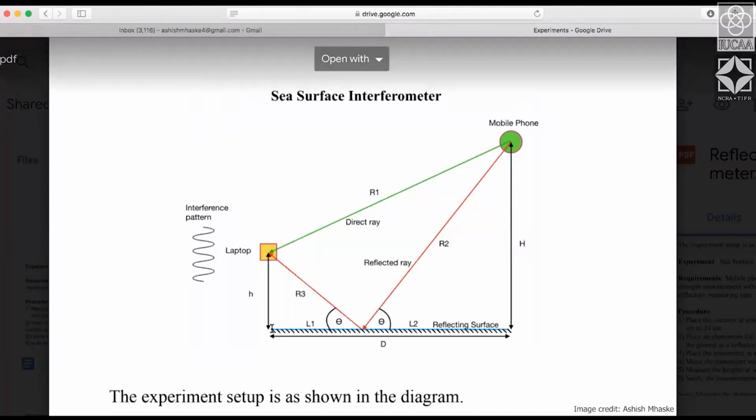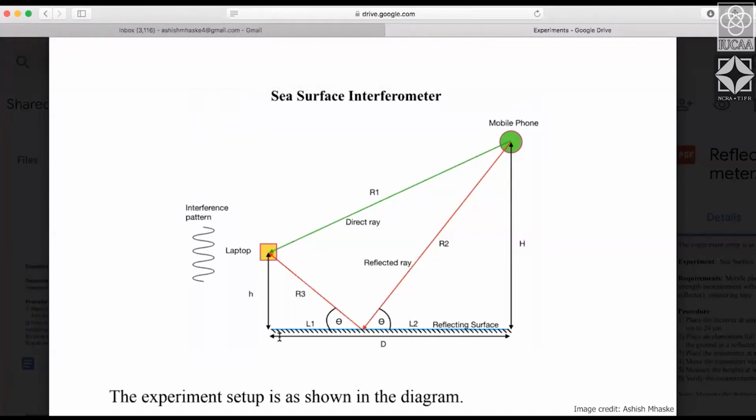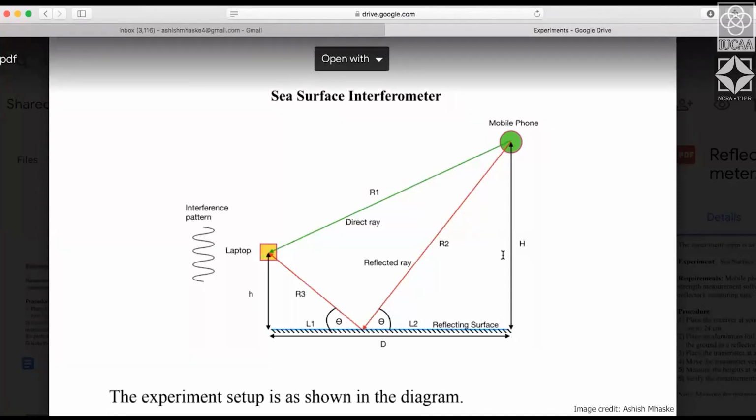Again, for the reflecting surface, you can put an aluminum foil down, and you can keep your laptop on a chair. And of course, you need a measuring tape to measure the height of the mobile phone. You can vary the height yourself and see the difference in power on the laptop.